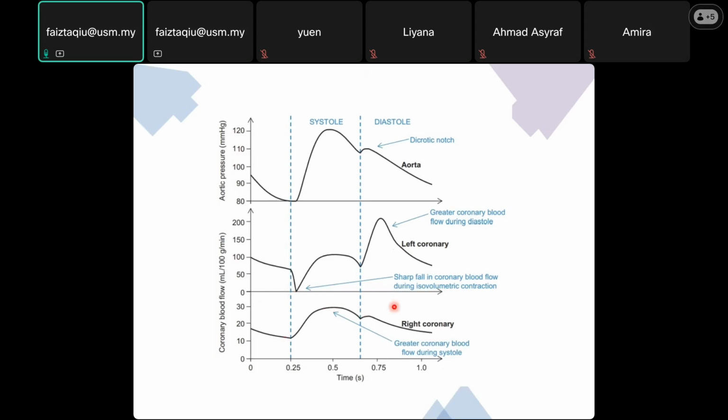There is a shortfall in the coronary blood flow during isovolumetric contraction. Whereas in the right side of the heart, there is phasic or continuous flow. The left side we also call intermittent flow.